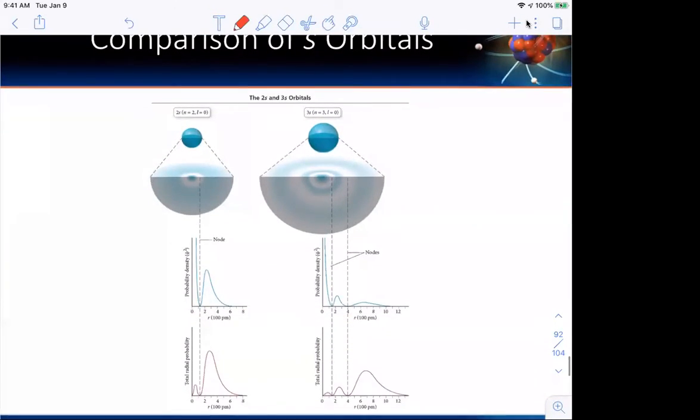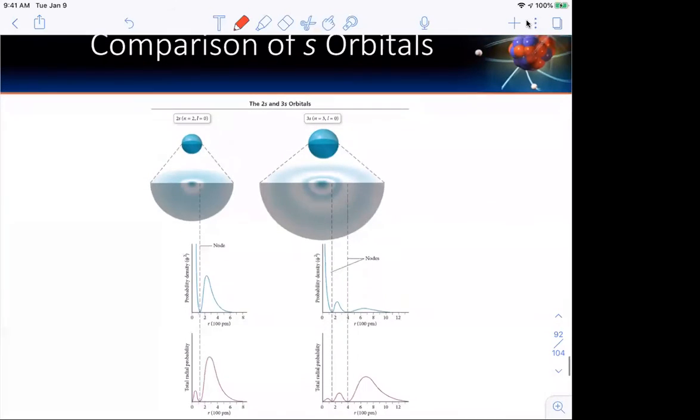Basically, it's like having different phases of a wave. So when I compare a 2s and a 3s orbital, note I have that node, which corresponds to 0 probability. The most likely place to find the electron is still close to the nucleus, but there's another area of high probability, which is out beyond the node.